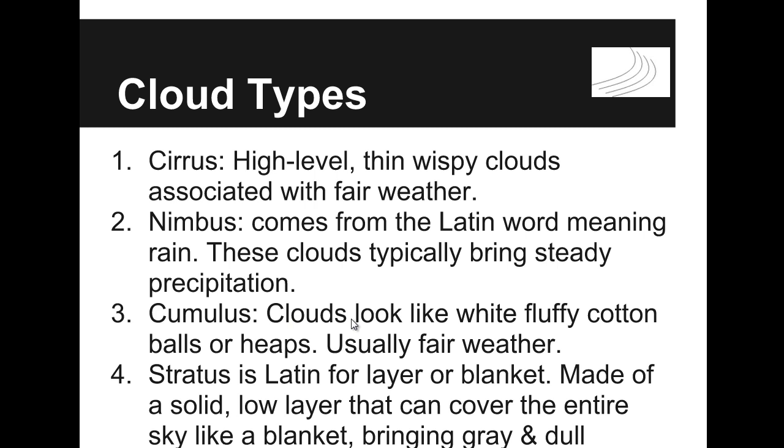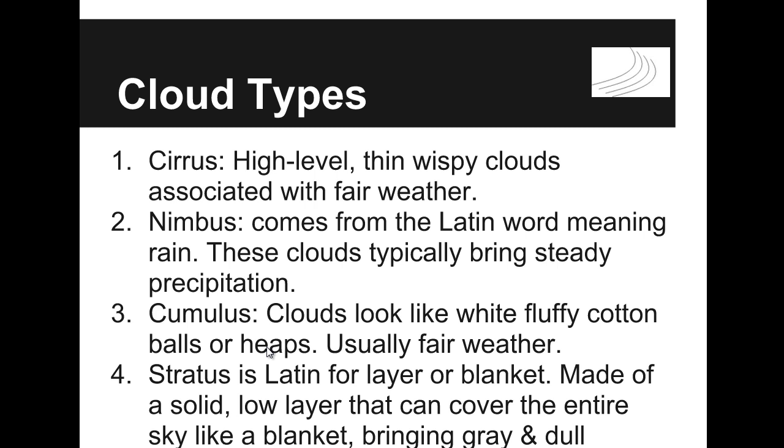Cumulus, these clouds look like white puffy or white fluffy cotton balls or heaps, and usually are representative of fair weather. Think of these as those nice, partly cloudy, partly sunny days in the summer. You see those big or little cotton balls in the sky.